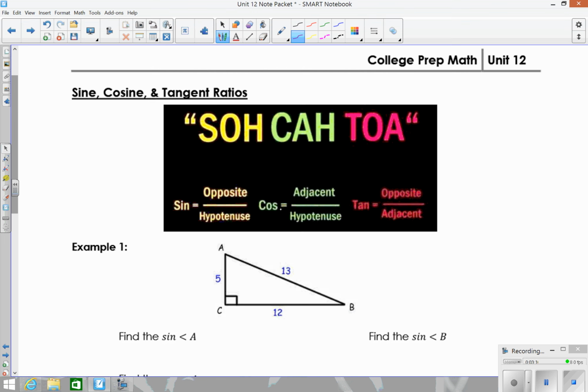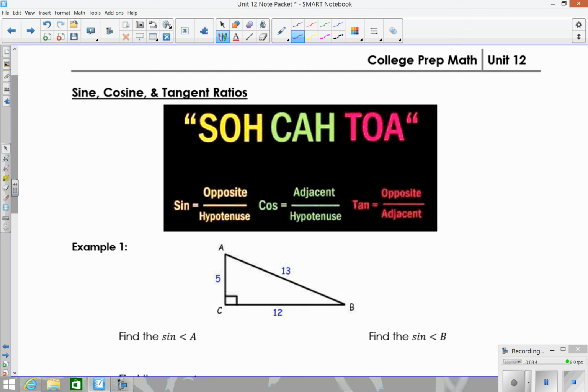The cosine of an acute angle is equal to the adjacent over the hypotenuse. And the tan of an angle is equal to opposite over adjacent. So it's equal to the ratio of the sides in this relationship: the opposite over the hypotenuse, adjacent over hypotenuse, and opposite over adjacent. That's how these three trig functions are defined.